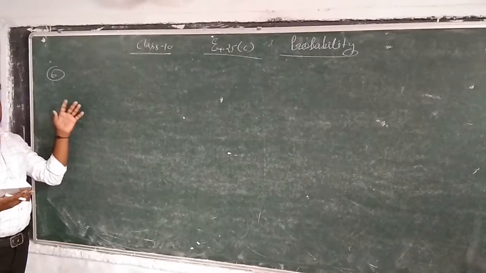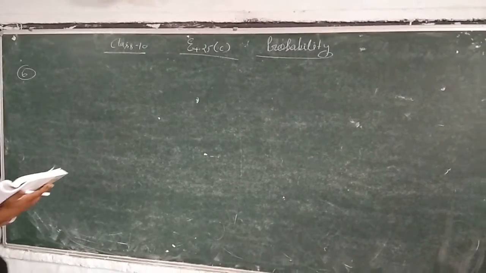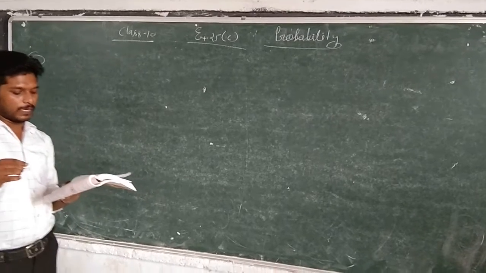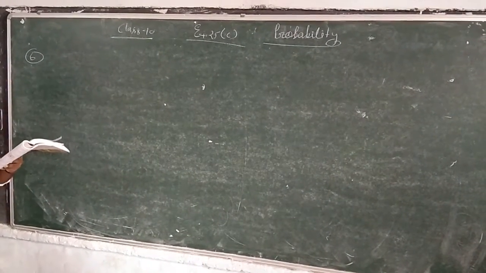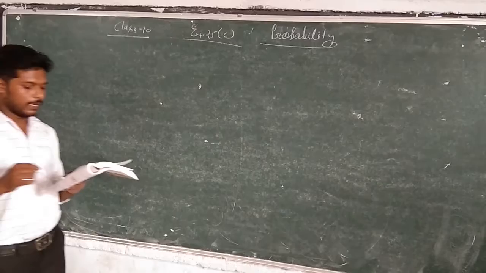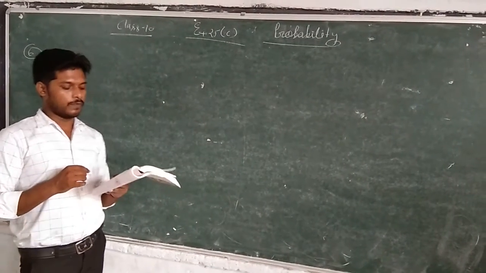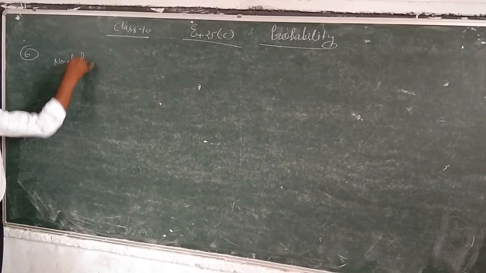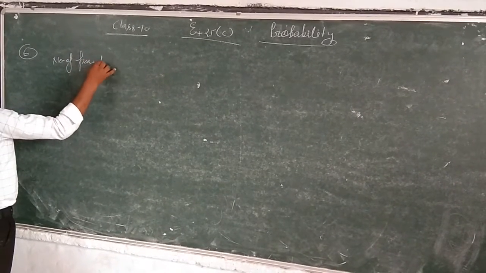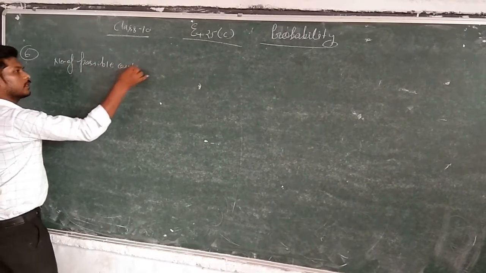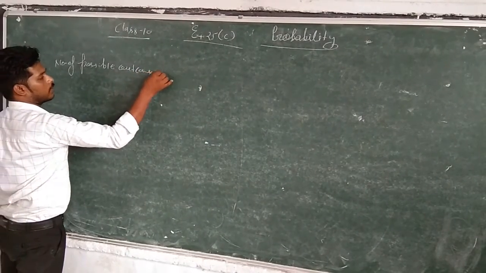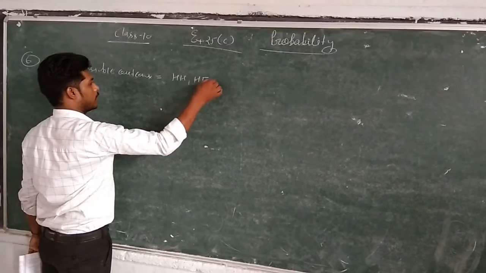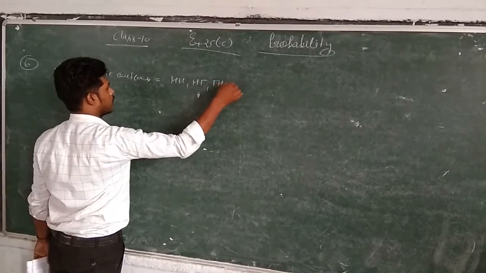Now question number 6. A man tosses 2 different coins, one of rupees 2 and another of rupees 5, simultaneously. What is the probability that he gets at least one head, and second, at most one head? So the number of possible outcomes is head-head, head-tail, tail-head, tail-tail.